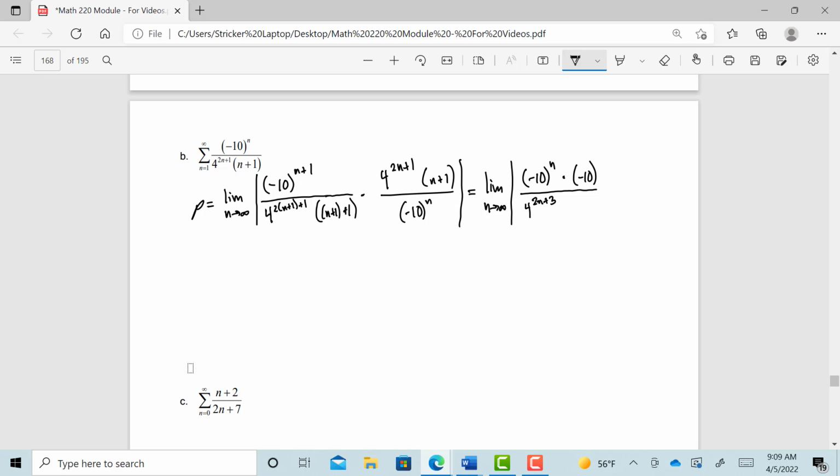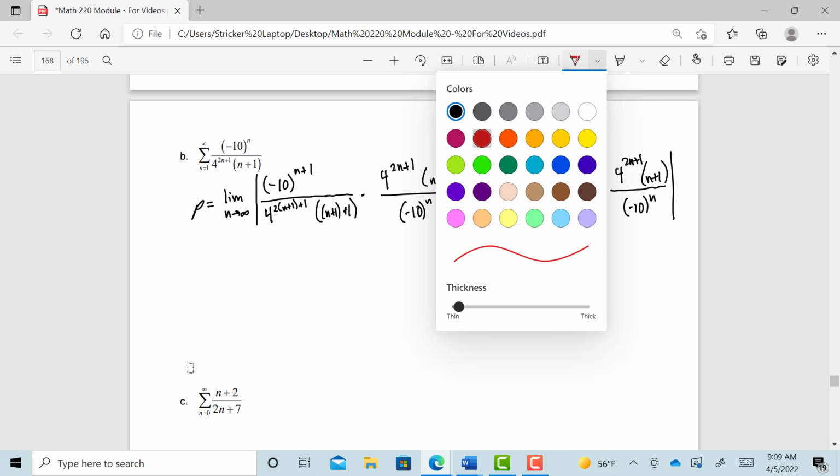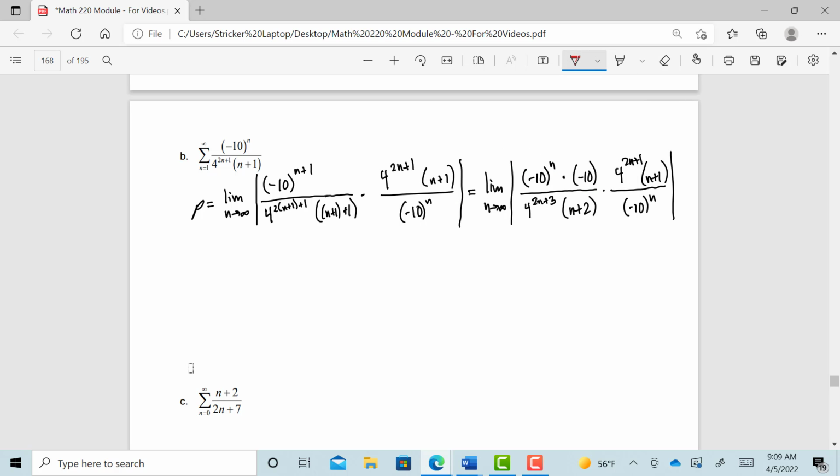And then we have n plus 1 is n plus 2. All right. And we have 4 to the 2n plus 1 times n plus 1 over negative 10 to the n. And initially, we can see the negative 10 to the n's are going to cancel.